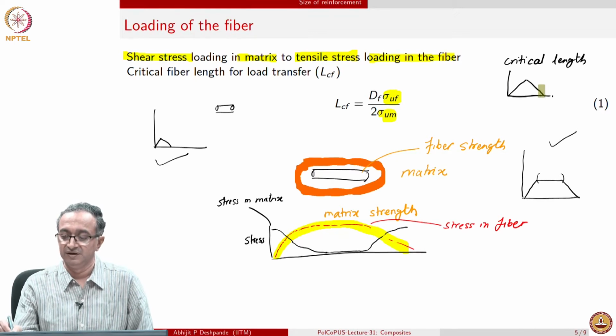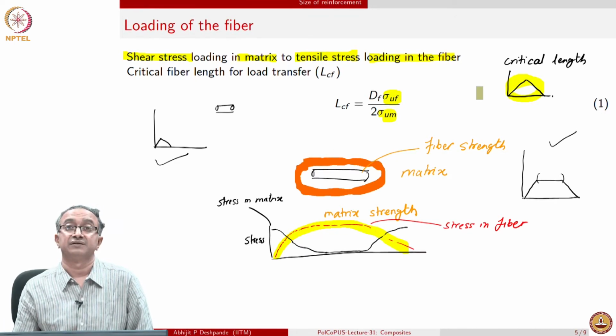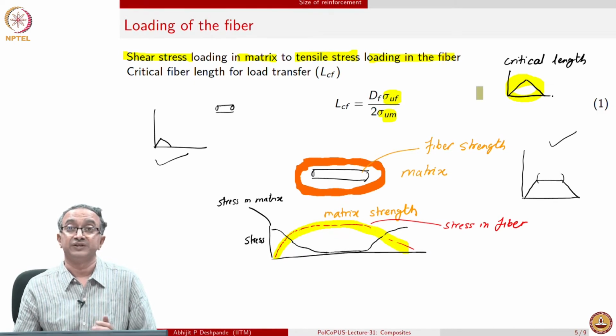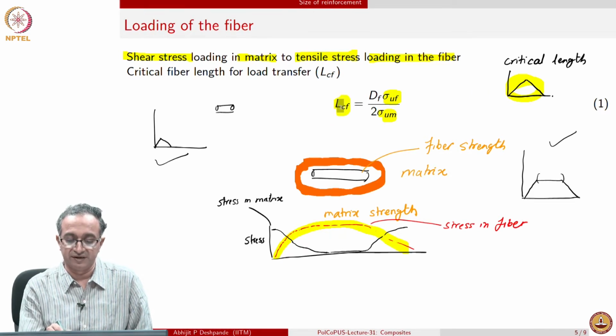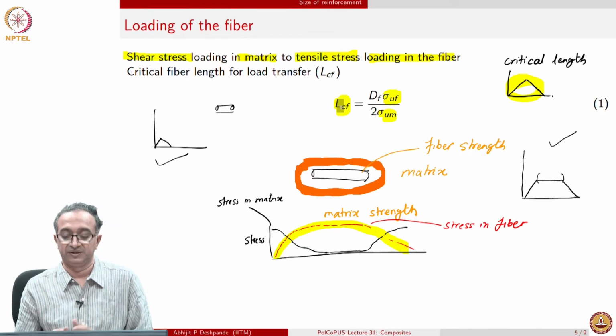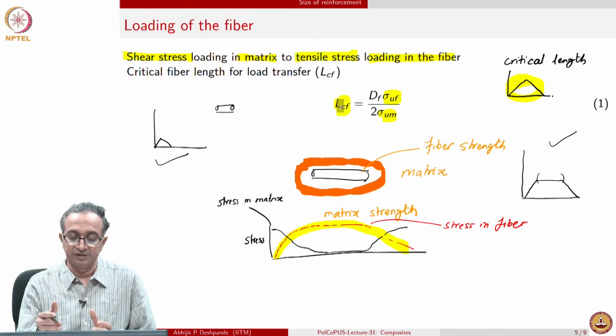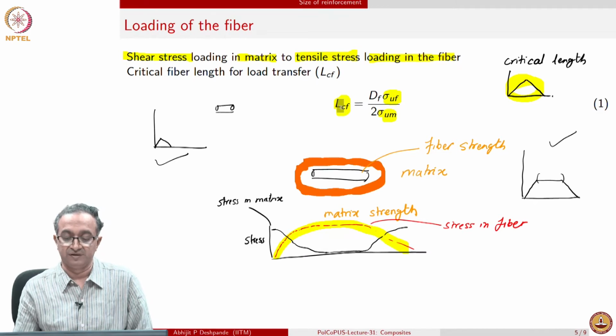If you just work out this triangle and how much length is required for this linear increase to happen, you can get the length of the critical fiber. So, it depends on the diameter, and it depends on the two strengths, of fiber and matrix.